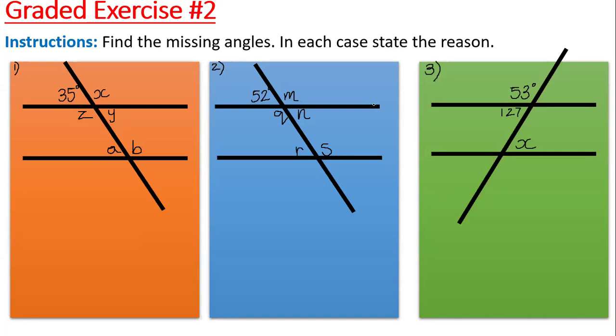Freddie, what number are you on? Number 2. Do you understand what you're doing? Yes, sir. And Wyatt, what number are you on? Two. Wyatt, do you understand what you're doing?